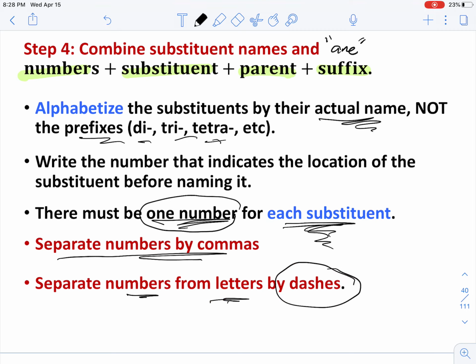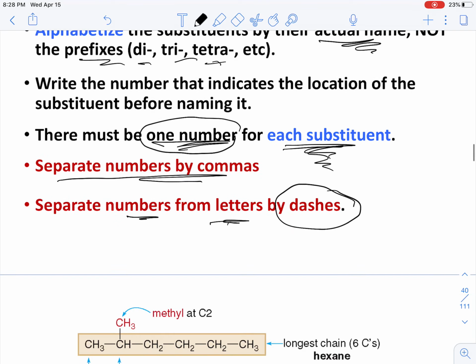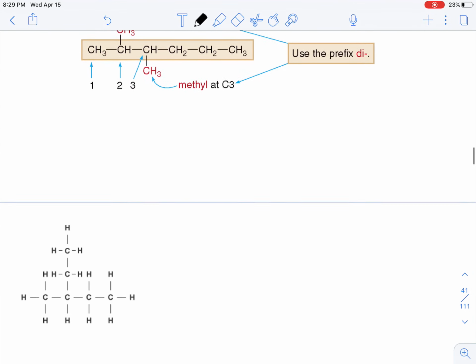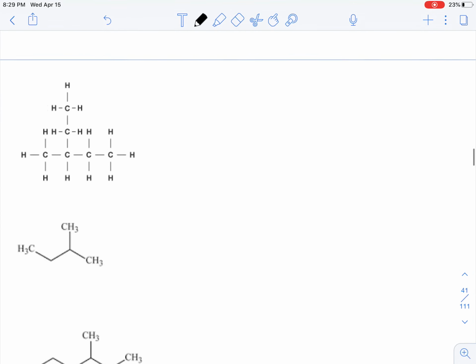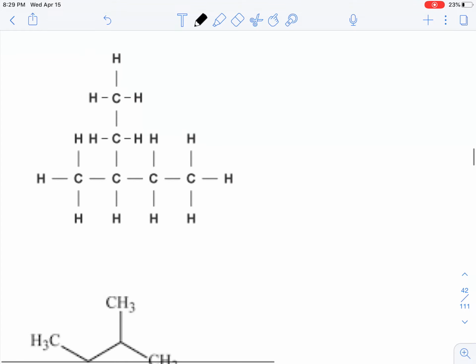So number, letter, or letter, number, dash, number and number, comma. Okay. All right, so what we're going to do is work through several examples. And hopefully by the end of this lecture video, you will understand how to name alkanes with substituents.